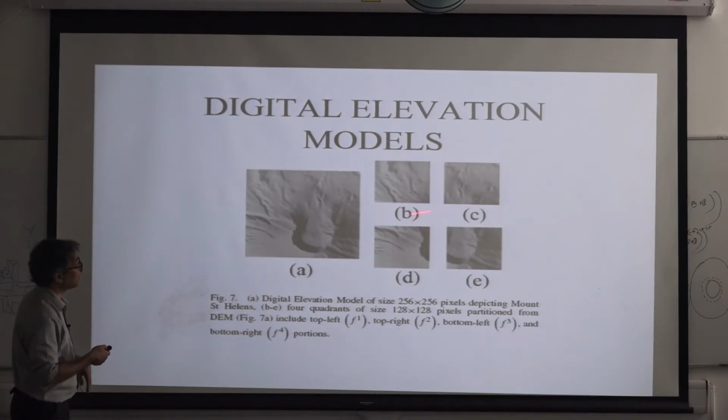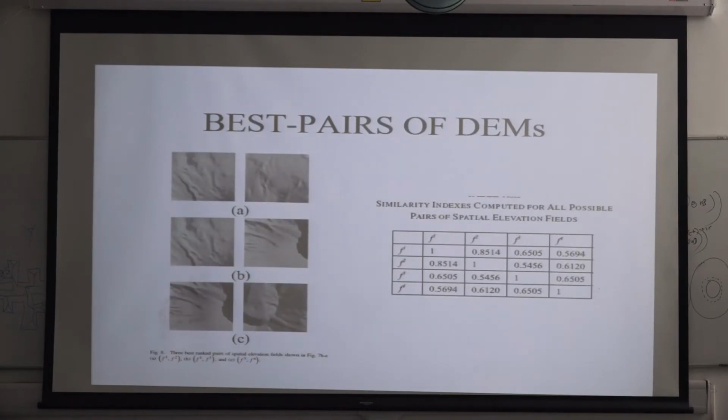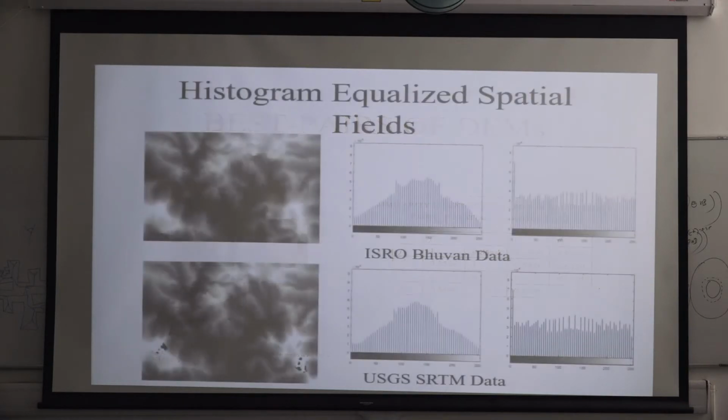So you have 4 quadrants, and which two are the best pair, which two are the least best pair. We have given these two as the best pair, and these two are not so best pair. This is just a toy example we have shown.